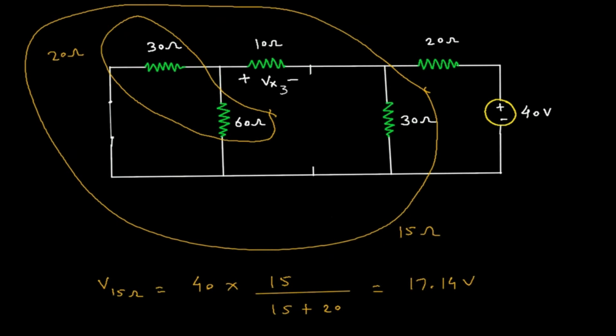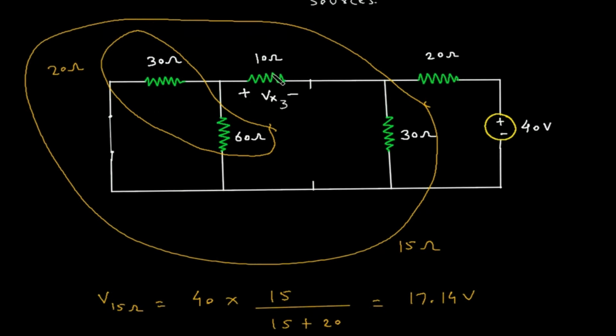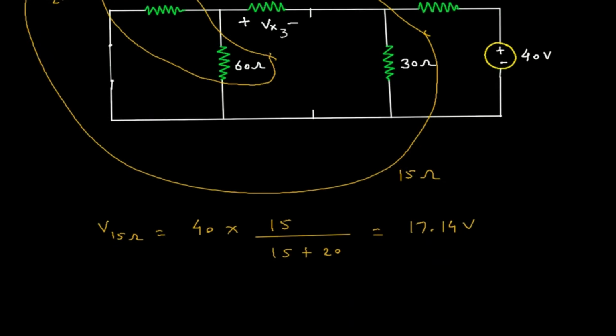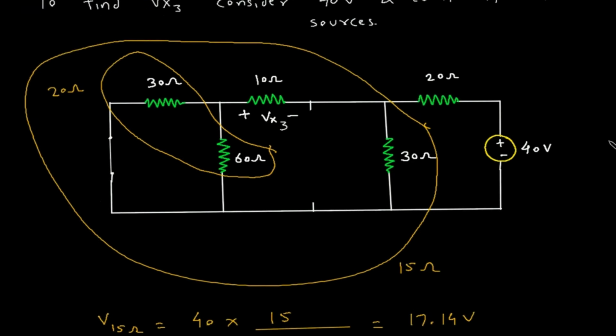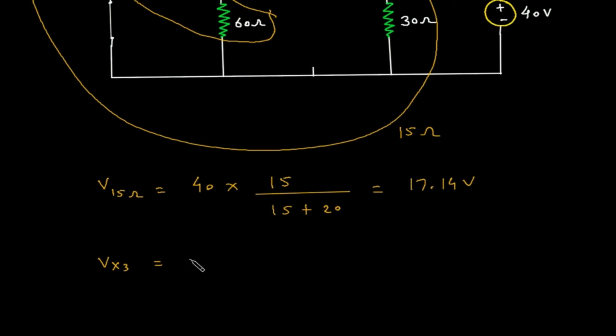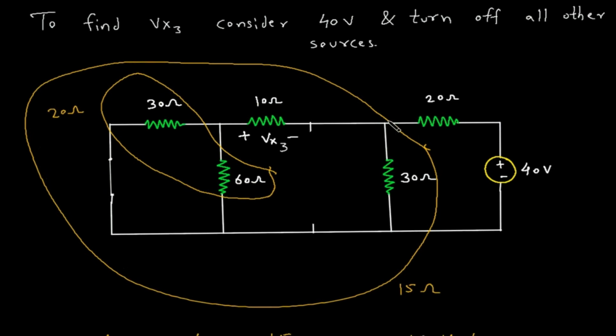Now we have to find this voltage across 10 ohm. So directly Vx3 is equal to, the polarity is opposite, so minus this voltage, which is 17.14, the voltage across this 30 ohm.